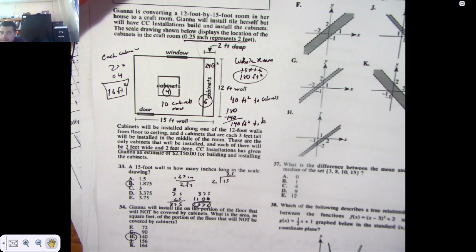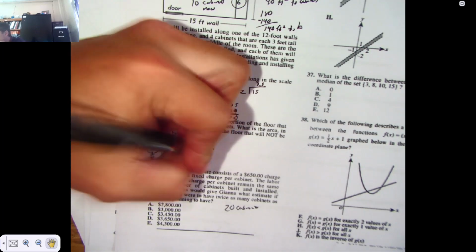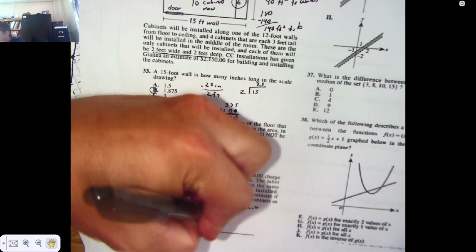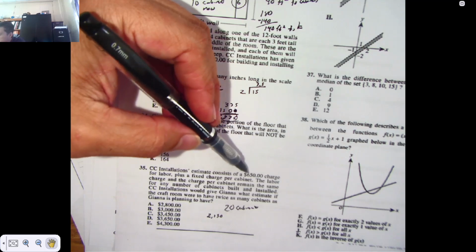So if we double it, we're going to have 20 cabinets. It's not going to be as simple as doubling our original estimate. A lot of kids are going to pick E. So let's see what it costs. Her total bill was $2,150. She's getting charged $650 plus a fixed charge per cabinet.